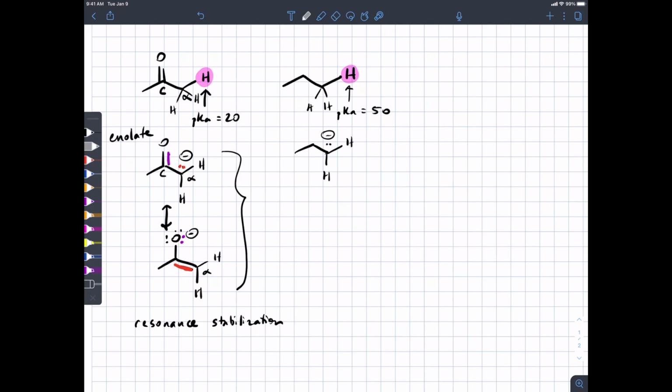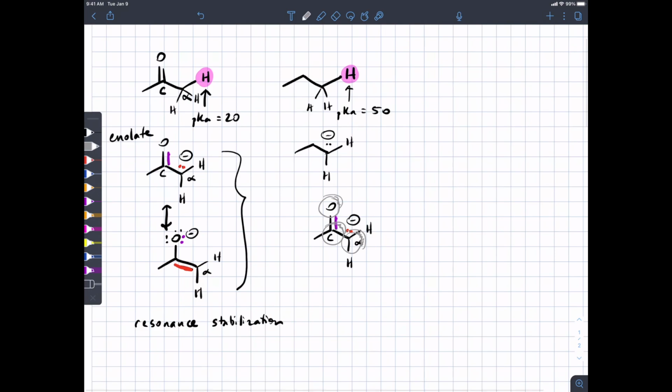And what that would look like is something like this, right? A p orbital on oxygen, a p orbital on carbon, and a p orbital on the alpha carbon.